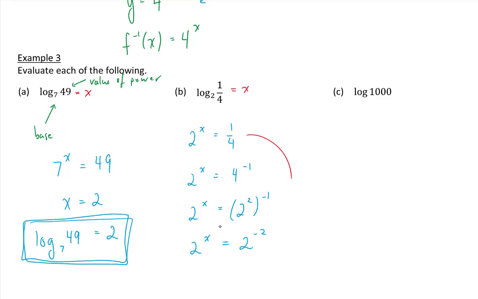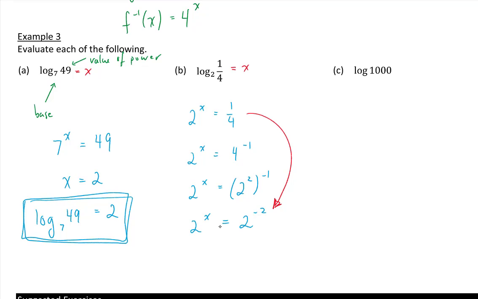So if you can go from here to here, that's great. So 1/4 is equivalent to 2 to the -2, so that means in this example x must be equal to -2. And if we used our calculators, we would see that the logarithm base 2 of 1/4 is equal to -2.